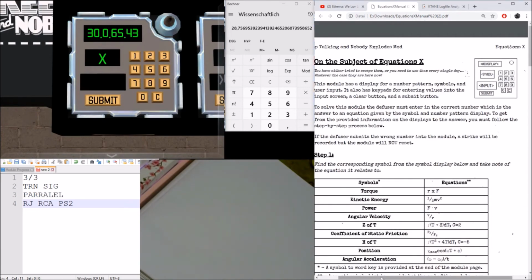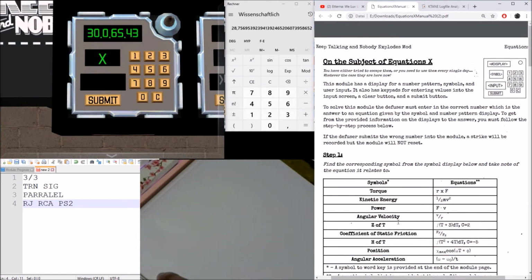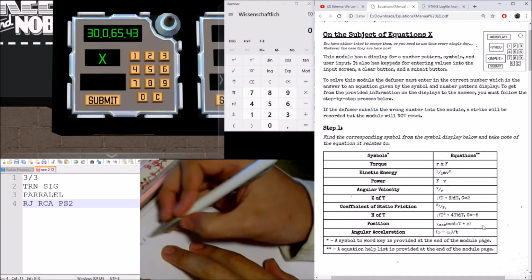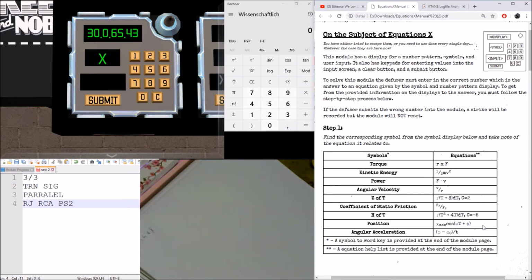Basically, what you have to do for position is here. Here it says what you have to calculate. So it's x max. Max only means that it's just a variable. It does mean something in the actual equation for a position, but it does not matter in this module.